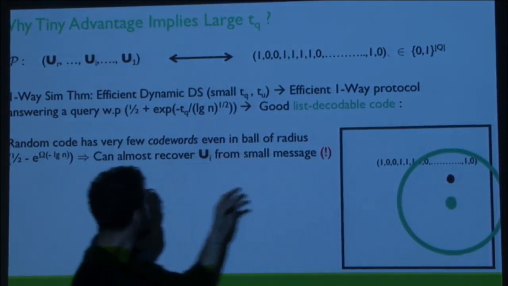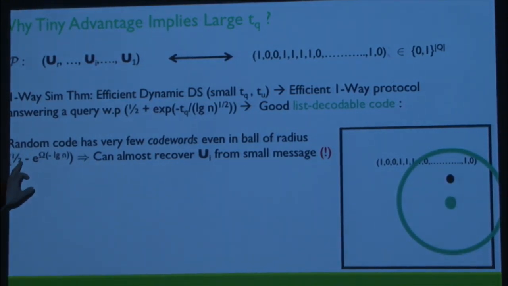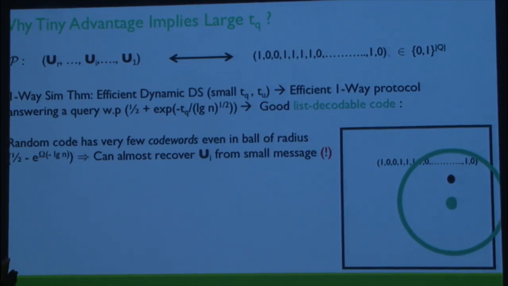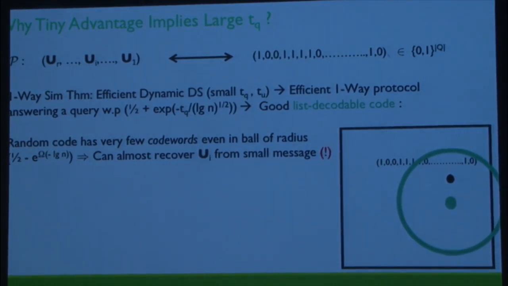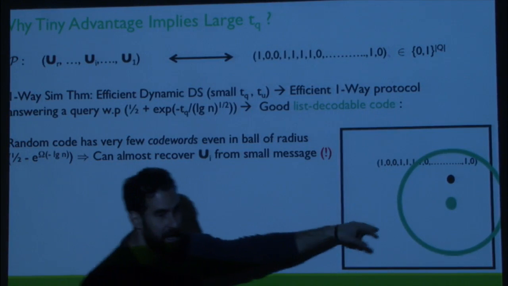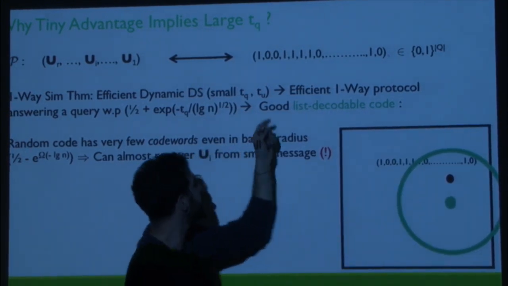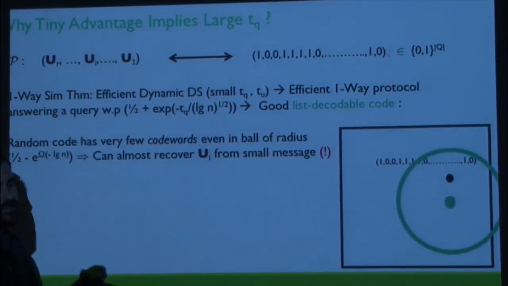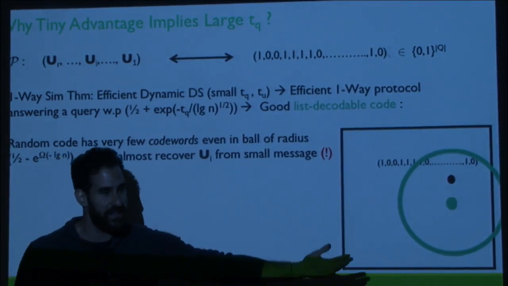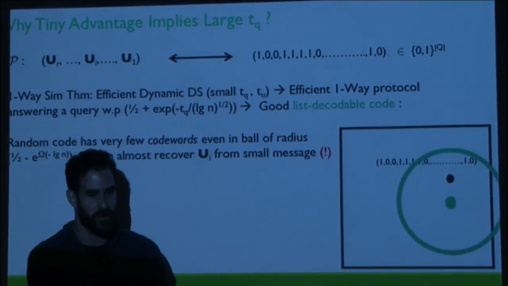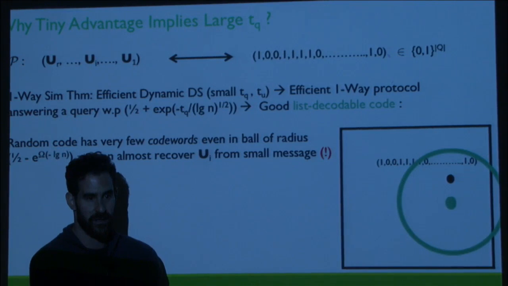Because in the ball of radius half minus 1 over n to the 10, there are only like n to the 100, some polynomial number of potential points that could be arising from this original message. So morally speaking, Alice could just send the index of this one of the n to the 100. That only costs log n bits.